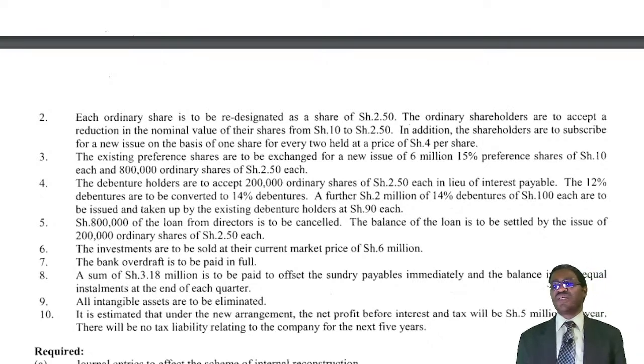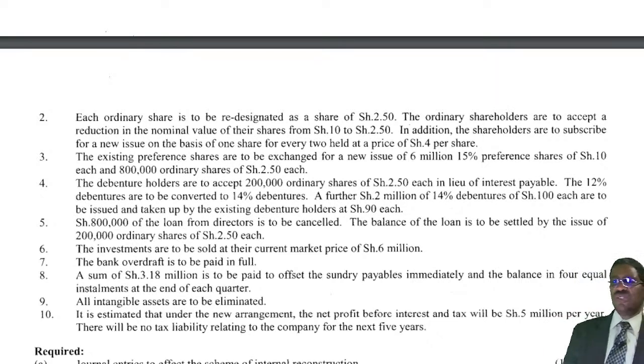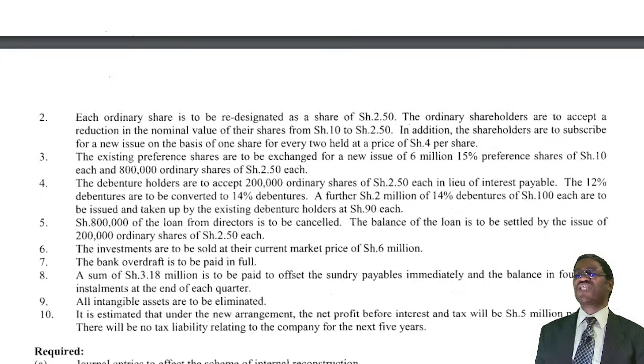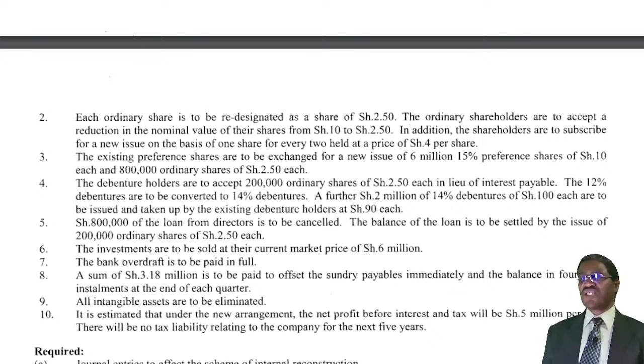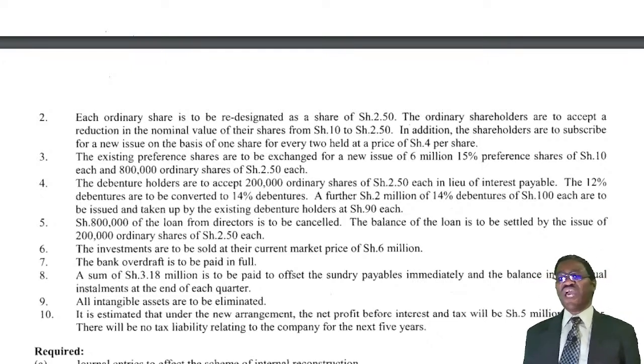The ordinary shareholders are to accept a reduction in the nominal value of their shares from 10 shillings to 2.5. In addition, the shareholders are to subscribe for a new issue on the basis of 1 share for every 2 shares at a price of 4 shillings.